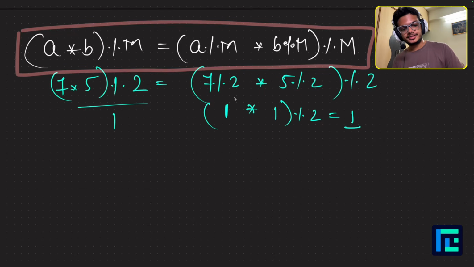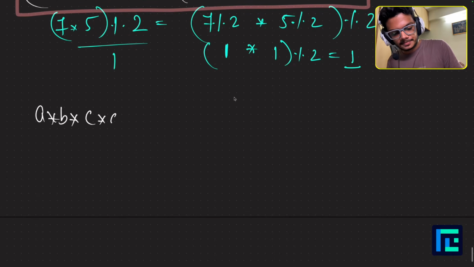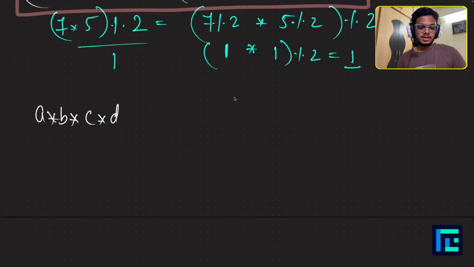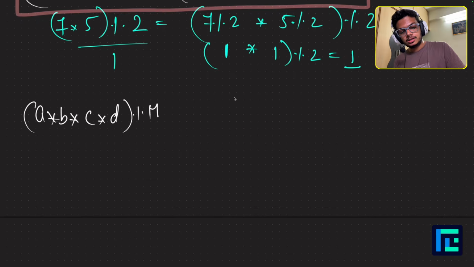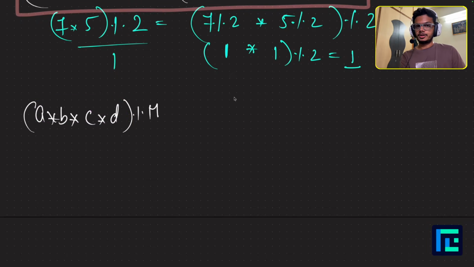Why this helps, I'll show you. Let's say you are multiplying a chain of numbers a, b, c, d, mod m. The problem here can be that this entire product can be very big, and you may not be able to store it. So you can exploit the property of mod.